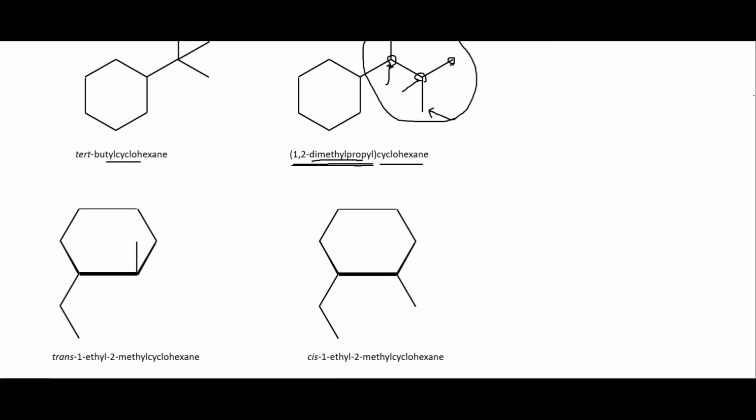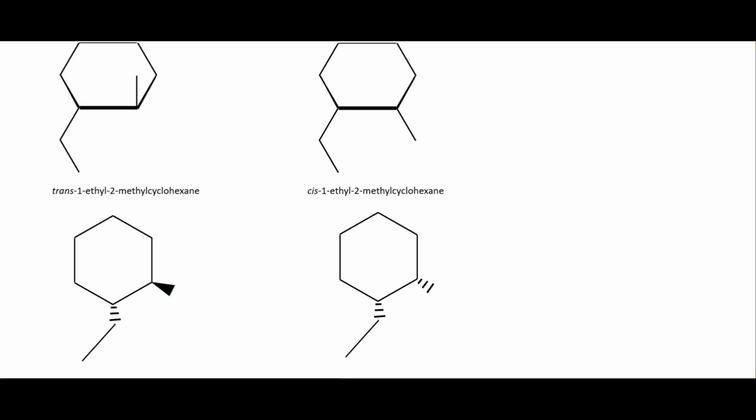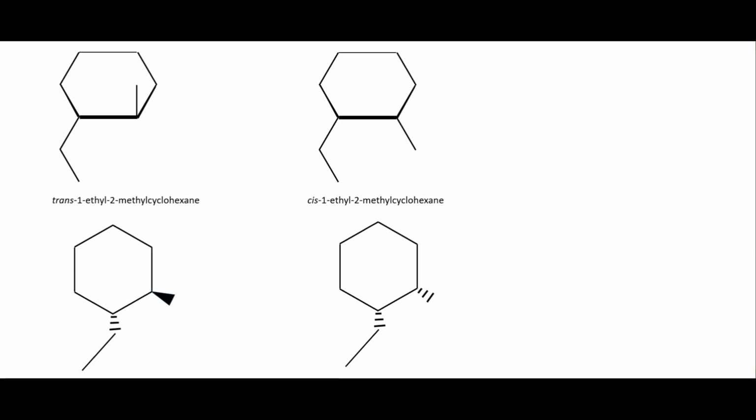And now we also have these cis and trans bonds going on here with our cyclic alkanes. I have this shown in 2 different ways. This is a projection where this thicker part is supposed to be coming out of the screen a little bit, and this thinner part is sticking into the screen a little bit.